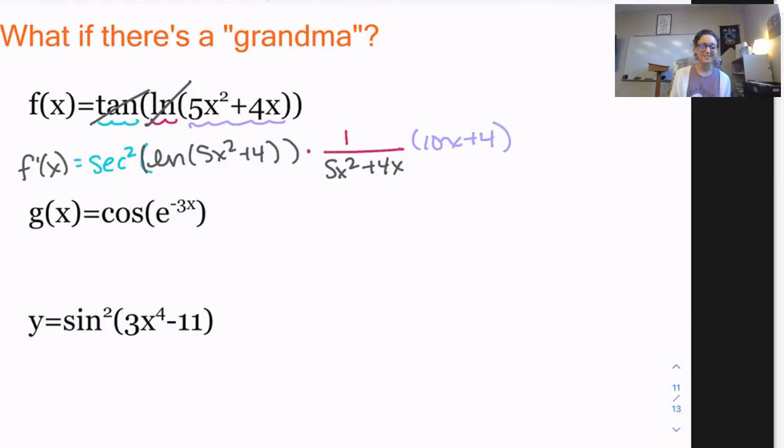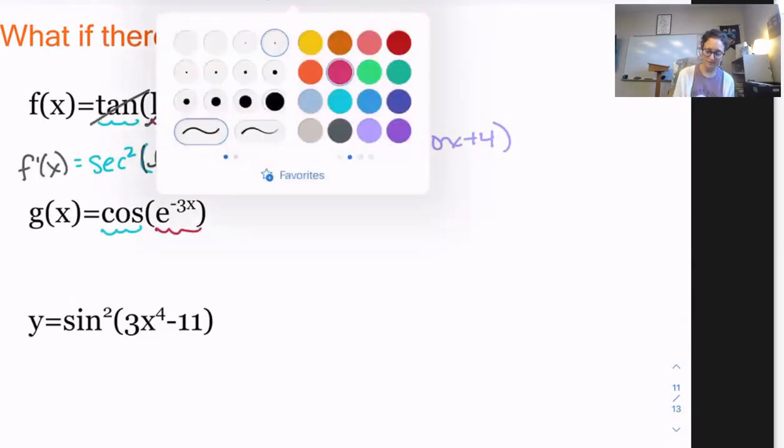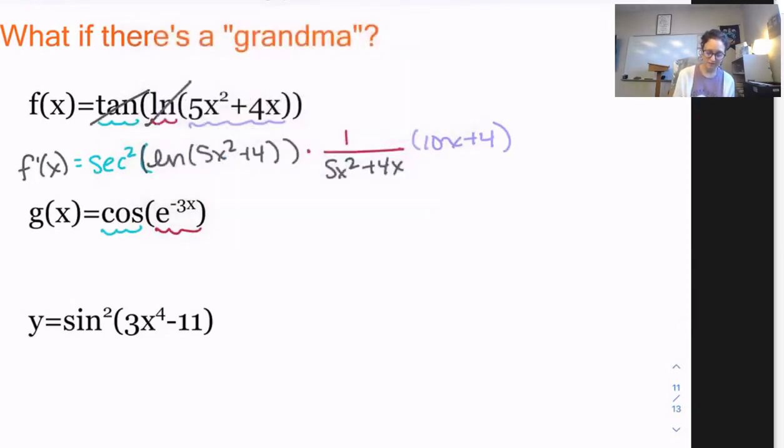Okay. All right, let's take a look at g of x. Again, let's make sure we're really clear on how many functions we have and that we know our way working our way in. So the outermost function is cosine of x. My next function is e to the x. And then my baby is negative 3x, okay? So again, we're just going to work our way in.